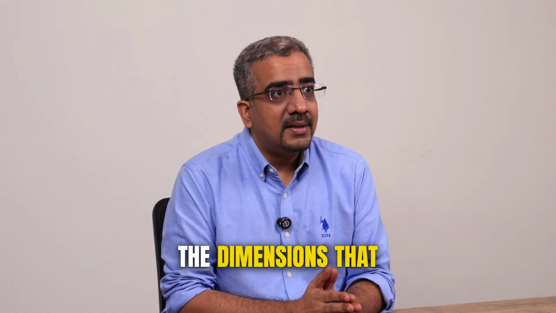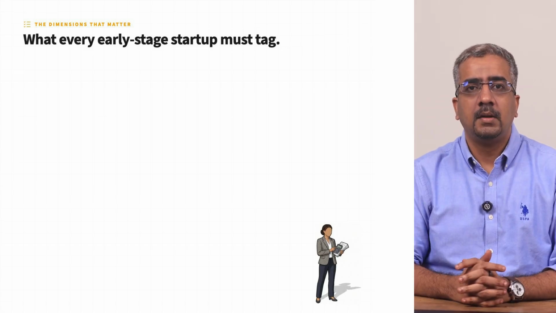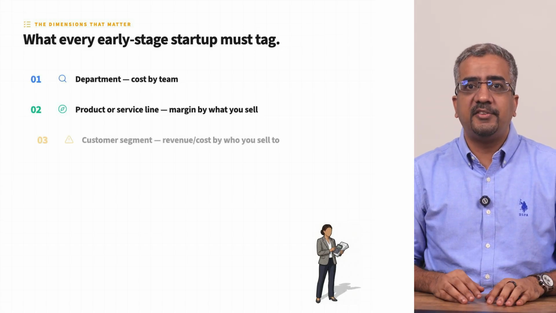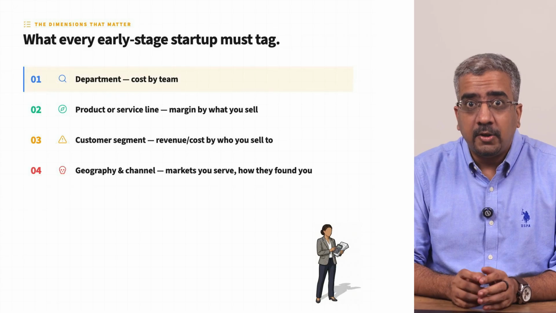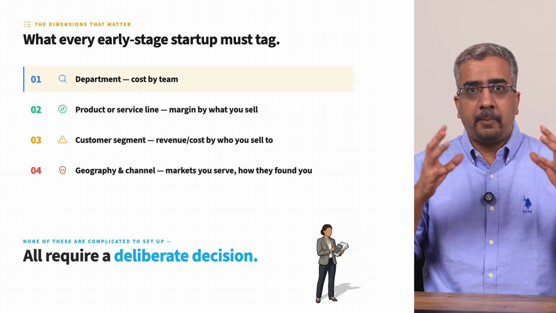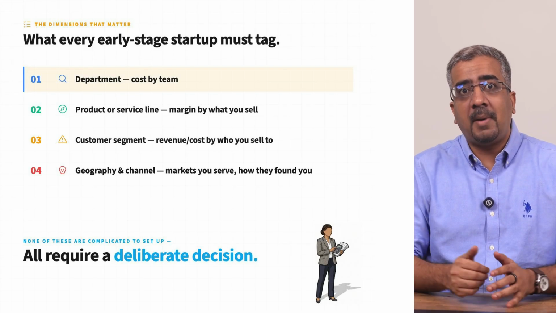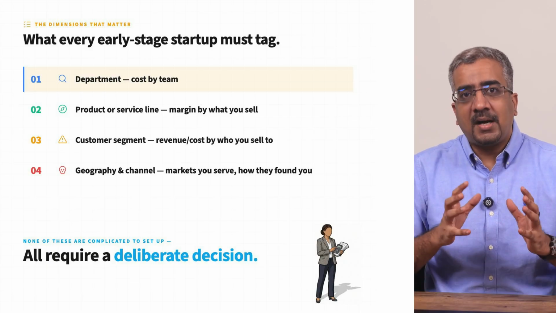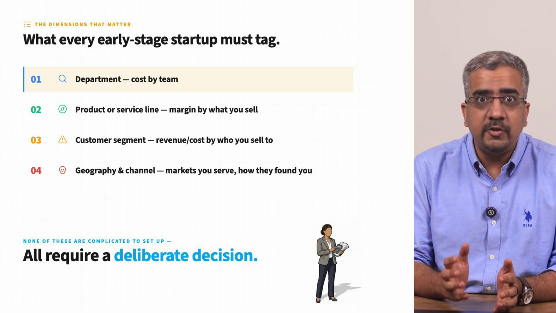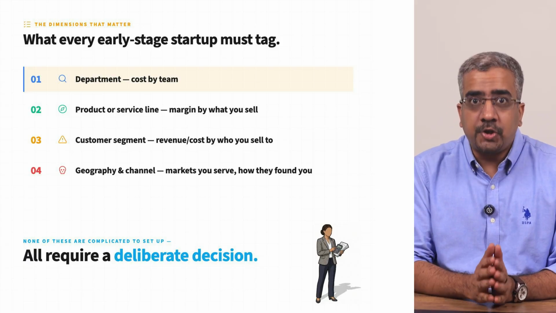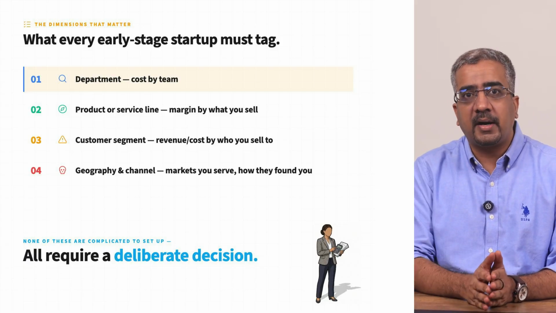The dimensions that matter for most early stage startups are as follows. Department, so that you can see the cost by team, product or service line, so that you can see the margin by what you sell, customer segment, so that you can see revenue and cost by who you sell it to, geography if you operate across different markets, and channel, how the customer came to you.